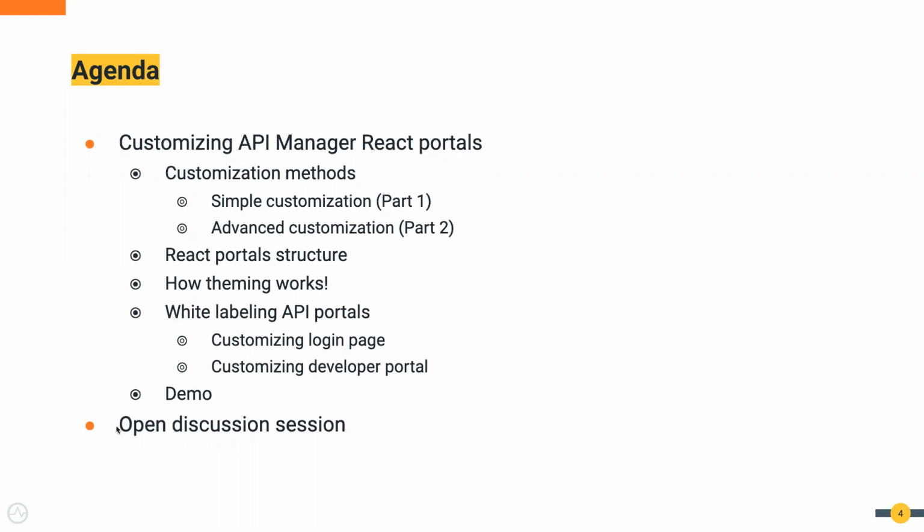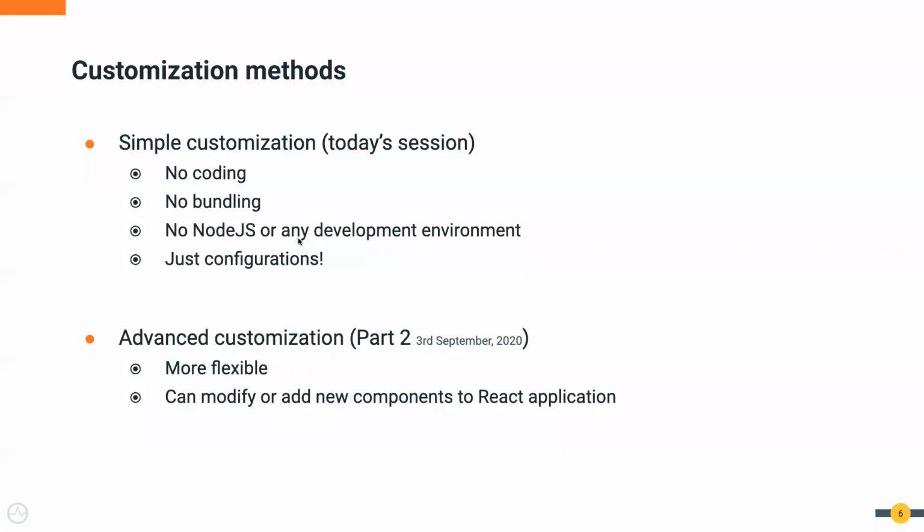At the end of the session, we will have an open discussion, where you can share your thoughts and give suggestions on what you think about the customization methods in API Manager portals.